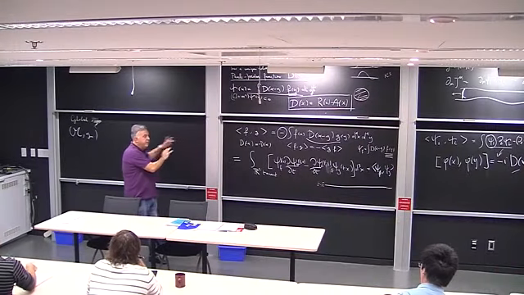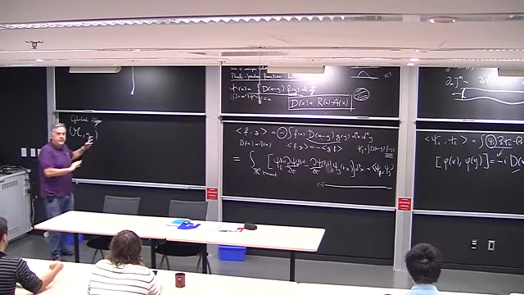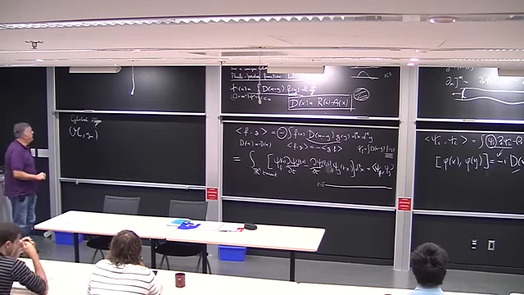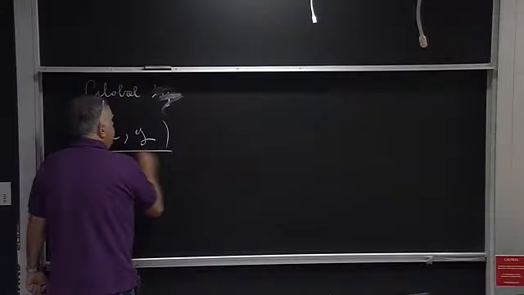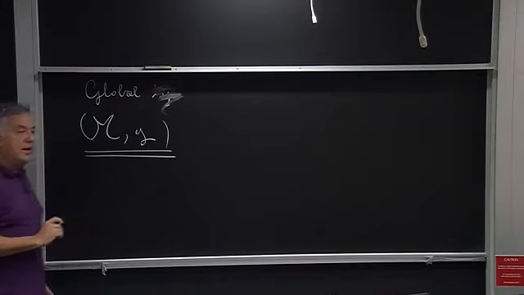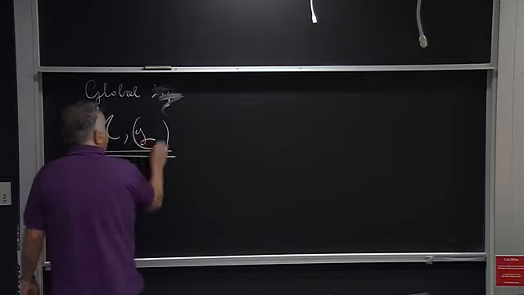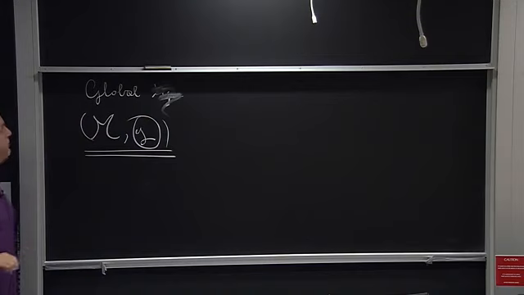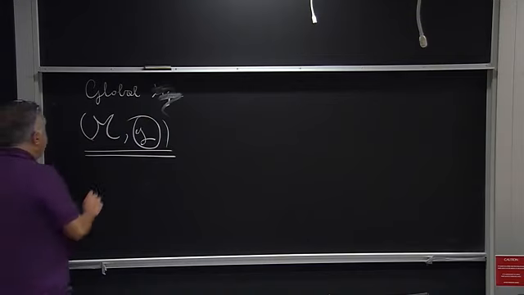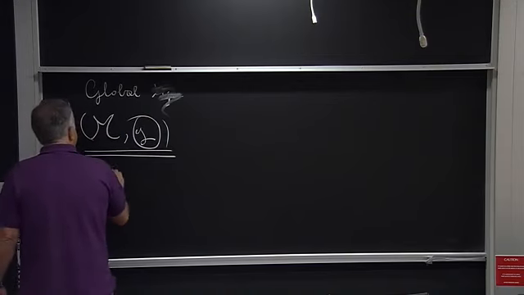let's just rephrase this on the curved spacetime setup. So you have a pseudo-Riemannian manifold. Okay, so this is a Lorentzian metric on this manifold. And you ask for global hyperbolicity.